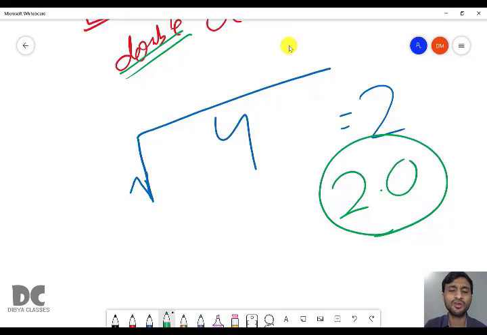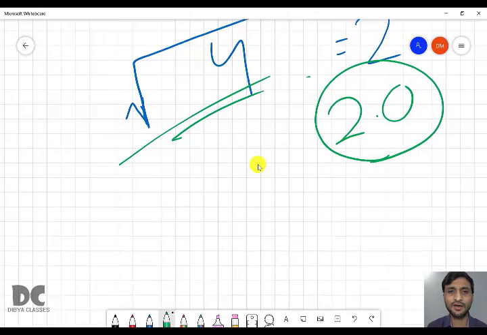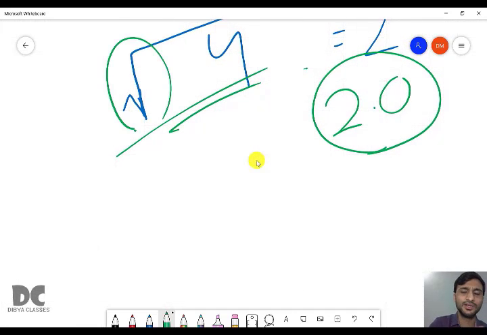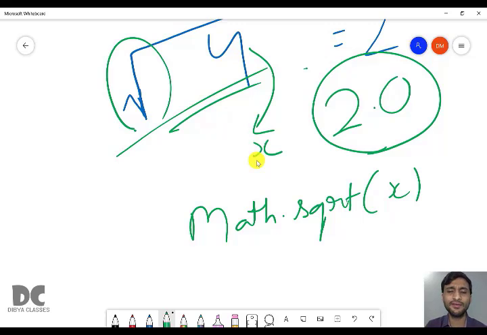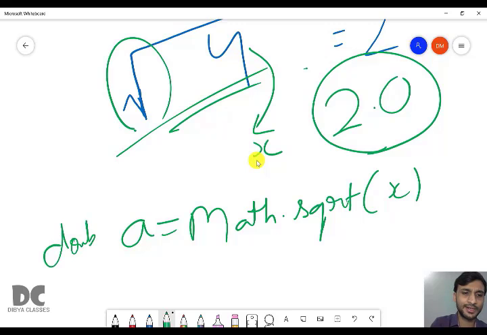So to find the square root of 4 in Java, you cannot give the symbol. You have to write Math.sqrt(x), where here 4 is nothing but x. x may be any value, and you will store it always in a double type variable. The data type will always be double.